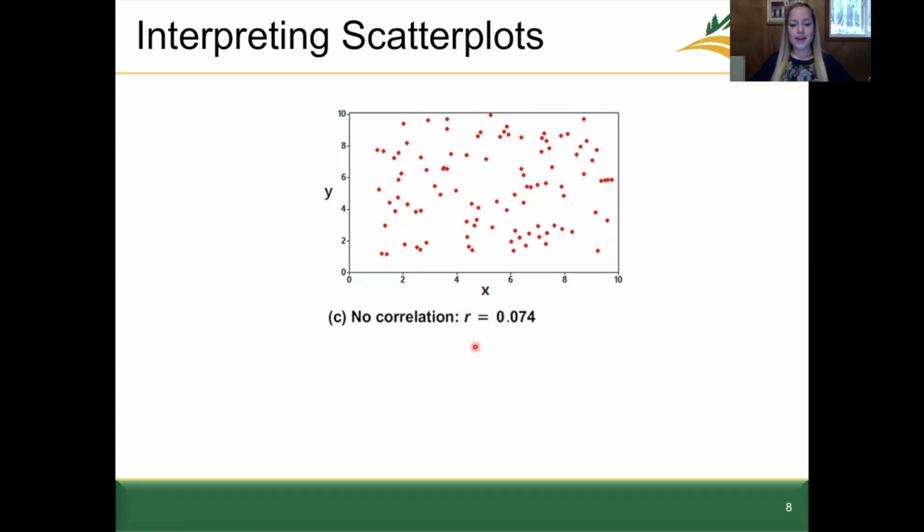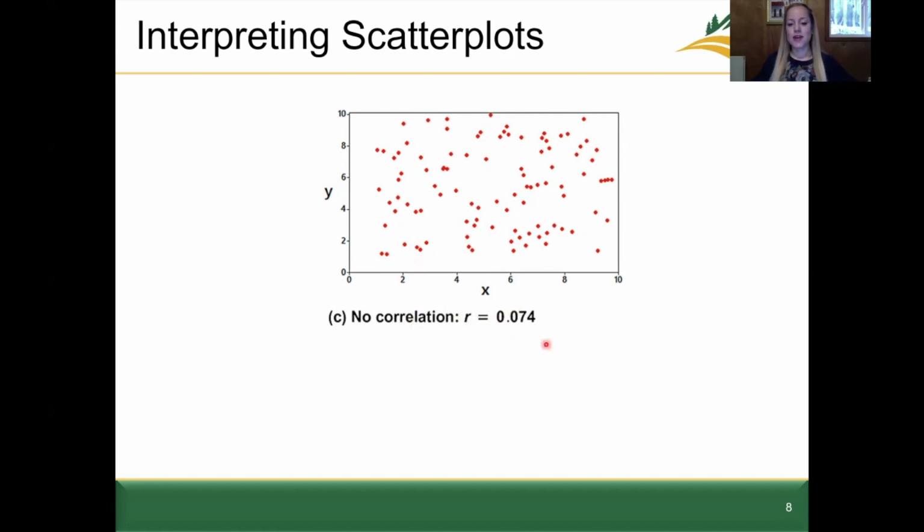Now, this R value of 0.074 is not quite 0, but when we remember our scale, that -1 is when we have a strong negative correlation, and then +1 is when we have a strong positive correlation. Then a value of 0 in the middle is when we have absolutely no correlation between our data.